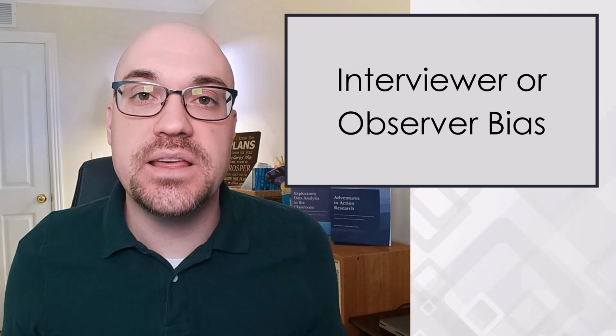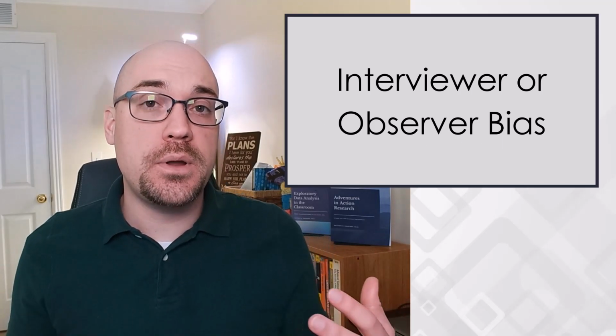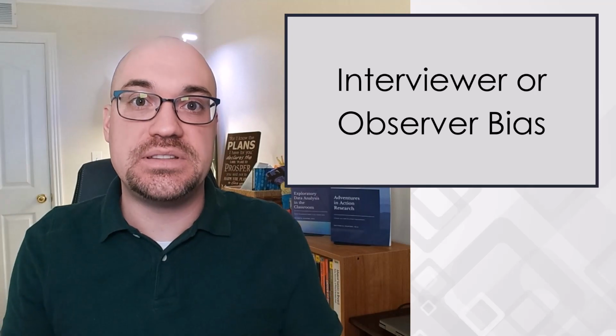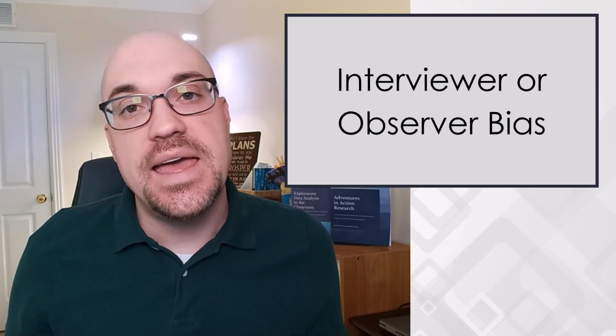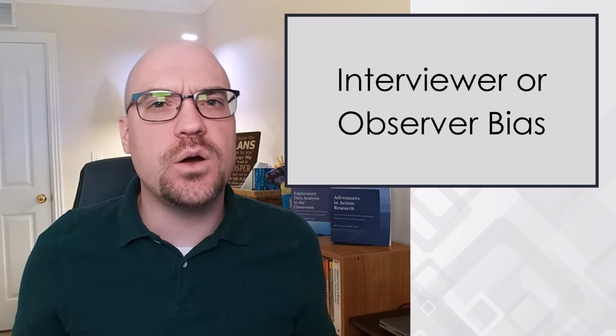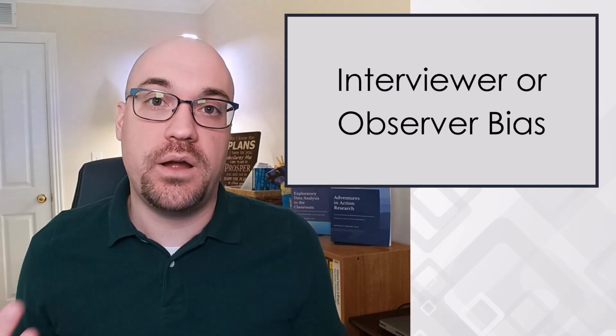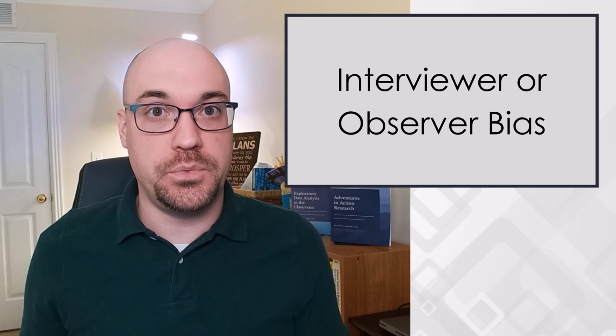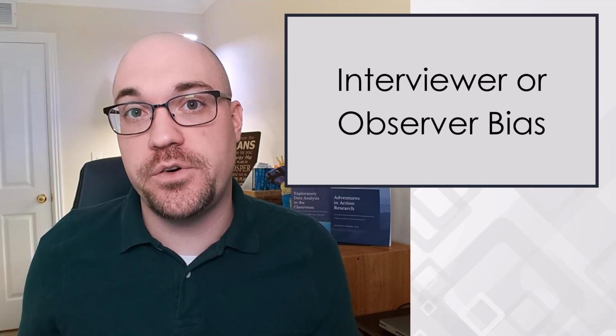Another related form of bias is interviewer or observer bias. And these are biases that you introduce really through your own behaviors and through the physical representation of your behaviors. In an interview setting, observer bias might be introduced if you're smiling and nodding or frowning at various points during the interview. The respondent might change their behavior or their answers based on your physical presentation. The same is true for observer bias.